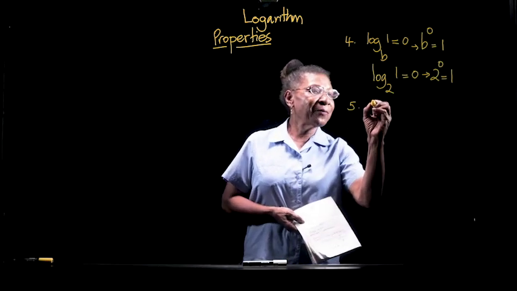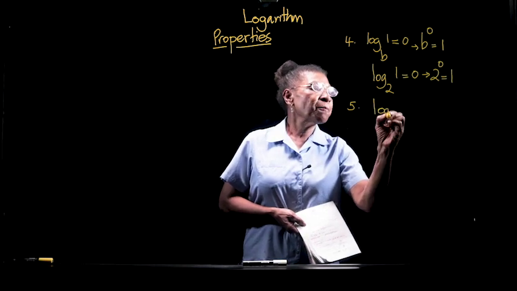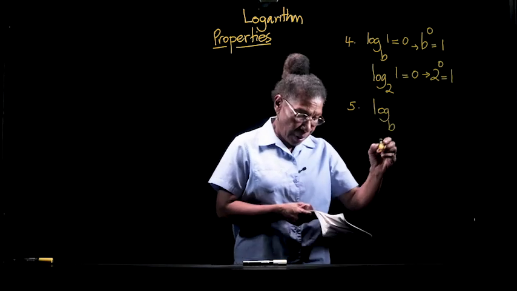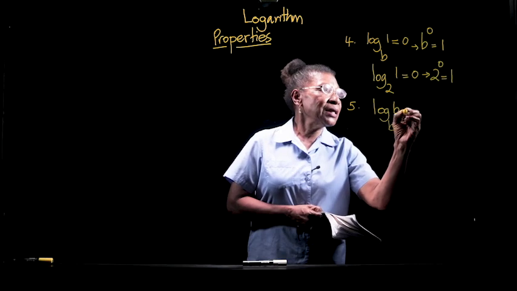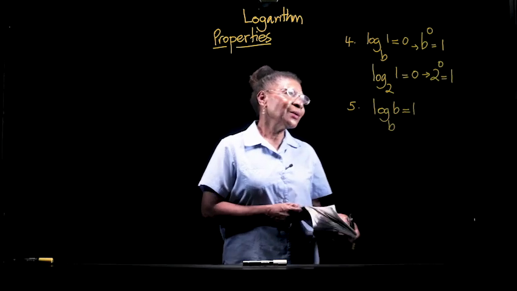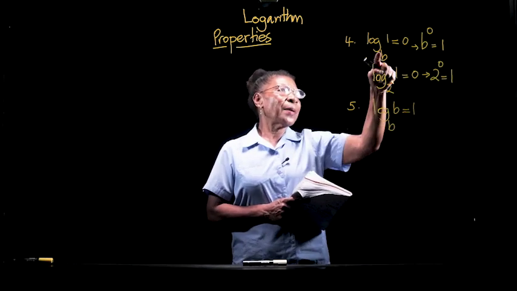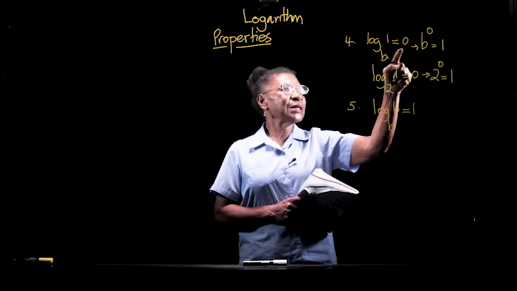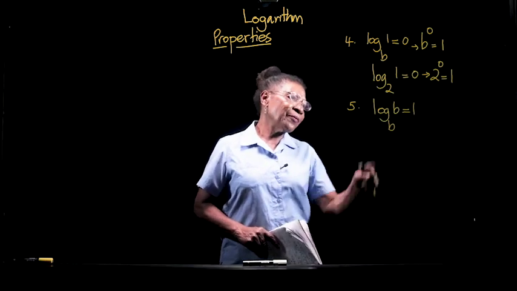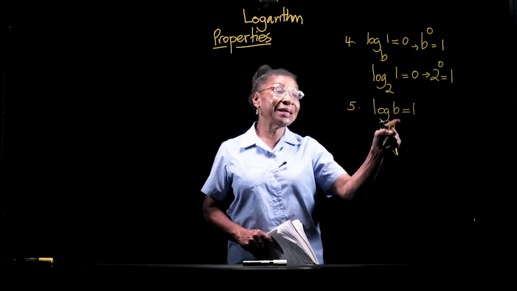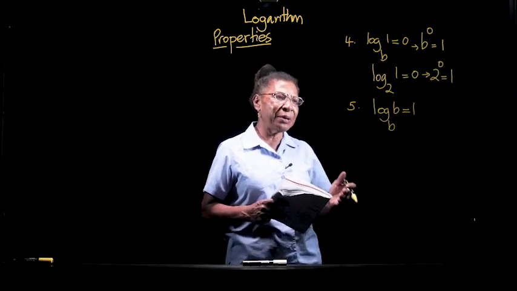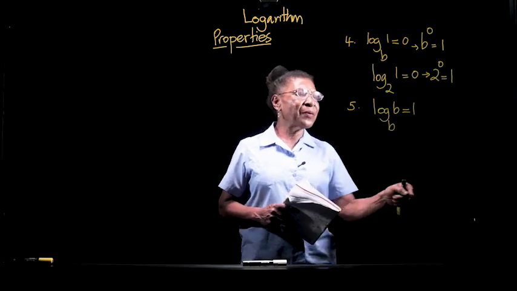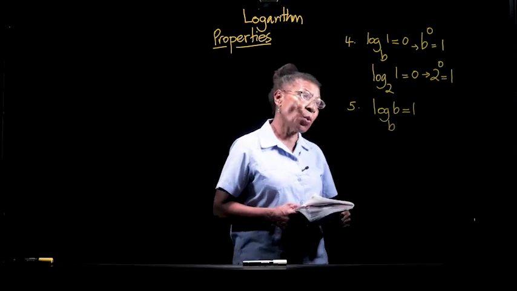In property 5, we have log base b of b is equal to 1. That looks funny. We've got log base b of 1 is equal to 0. This time we have log base b of b is equal to 1, which means that log base b is the same value as this b here. Its value is 1.